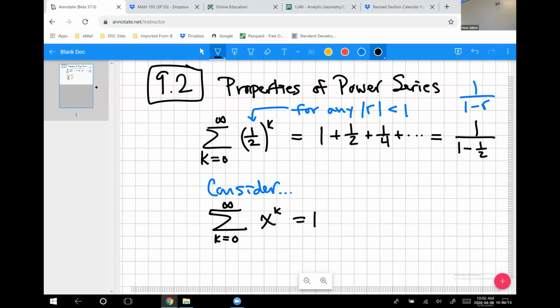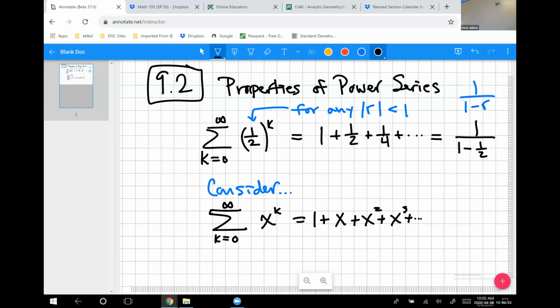So then this is 1 plus, and then you multiply x each time, and you get x plus x squared plus x cubed, etc. And so this is an example of a power series.